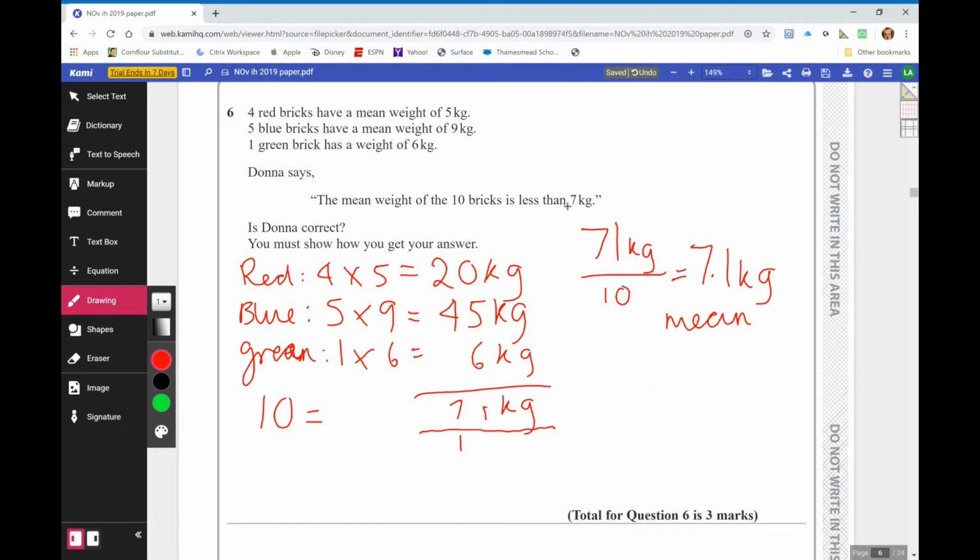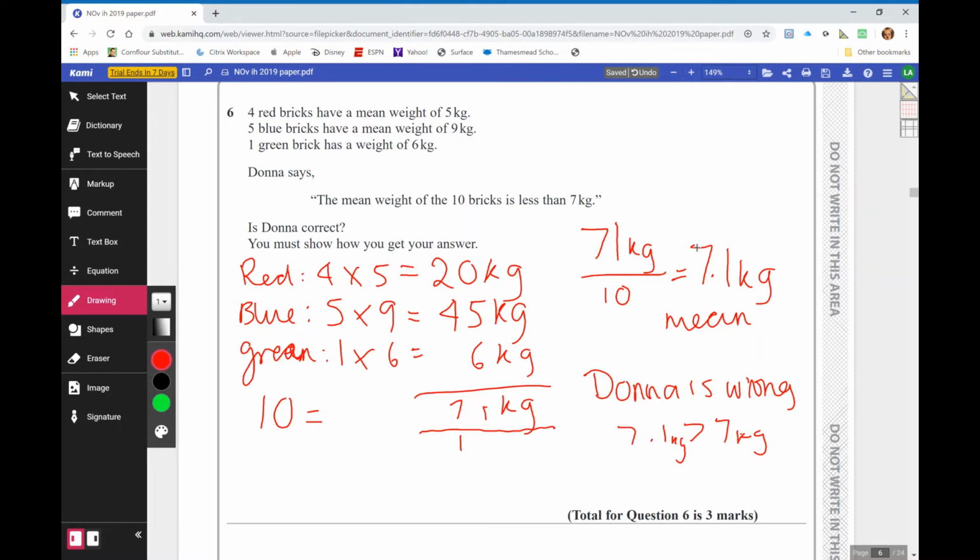So then you'd have to get the statement mark on this. Donna is wrong. 7.1 is greater than 7. You can put your kgs there. Just saying something like that. So 7.1 is bigger than 7 because she's saying it's less than.